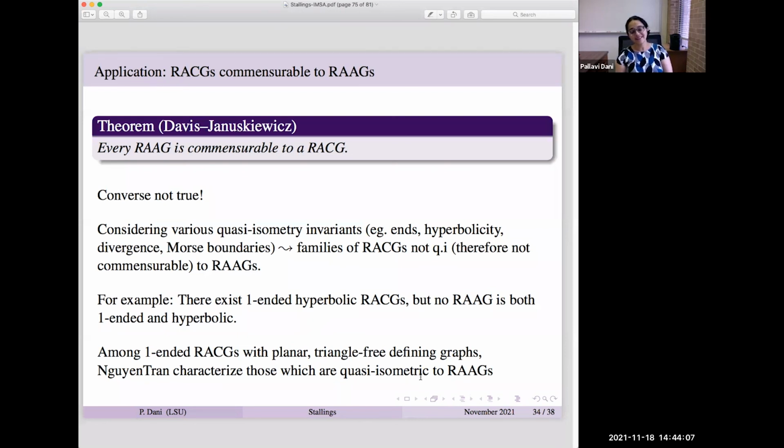In that setting, they can say exactly which ones are quasi-isometric to rags and which ones are not. The ones that are quasi-isometric are the candidates for being commensurable.